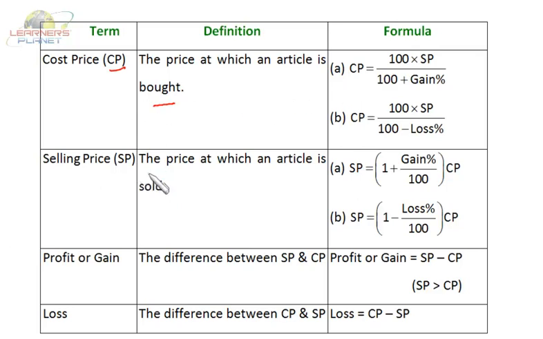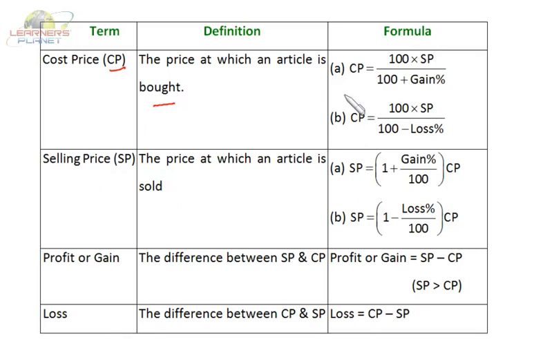And what's the selling price? The price at which the article is sold, or the price at which you are selling an article. Okay. Now, if selling price is more than cost price, then definitely there will be a profit. If selling price is less than cost price, then definitely there will be a loss. Okay. These are the general terminologies.